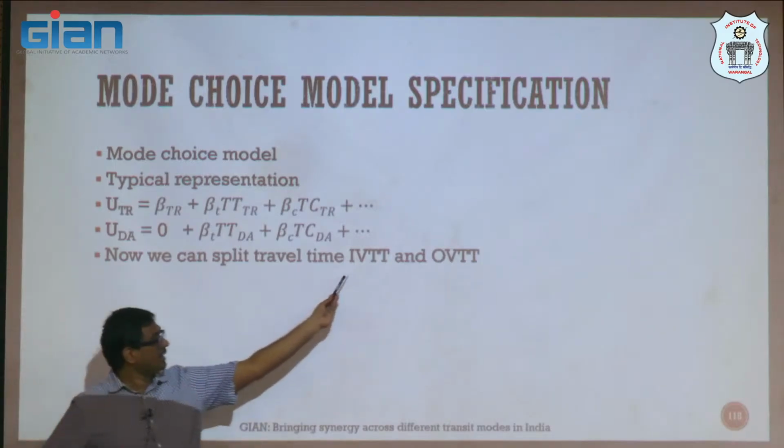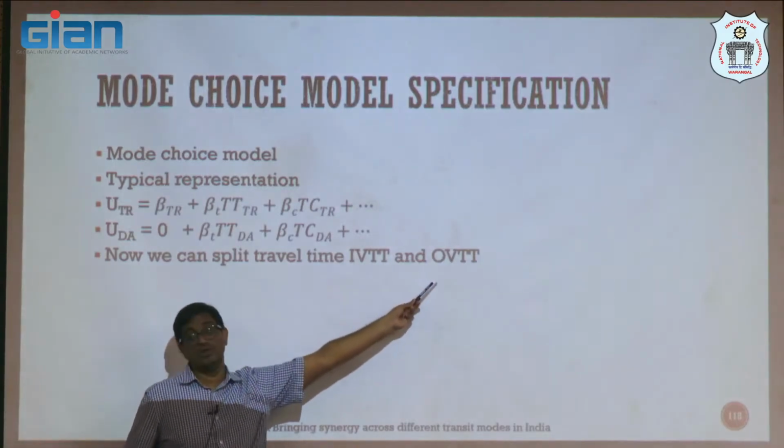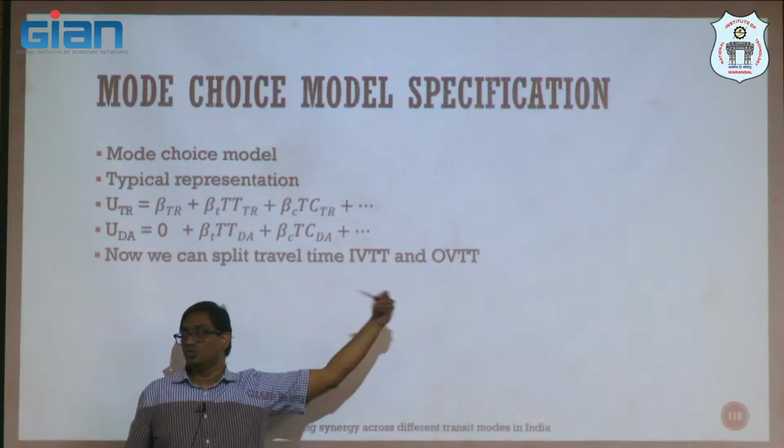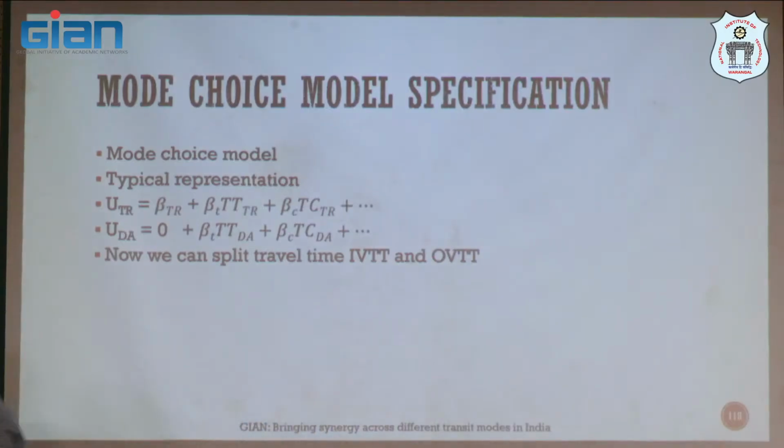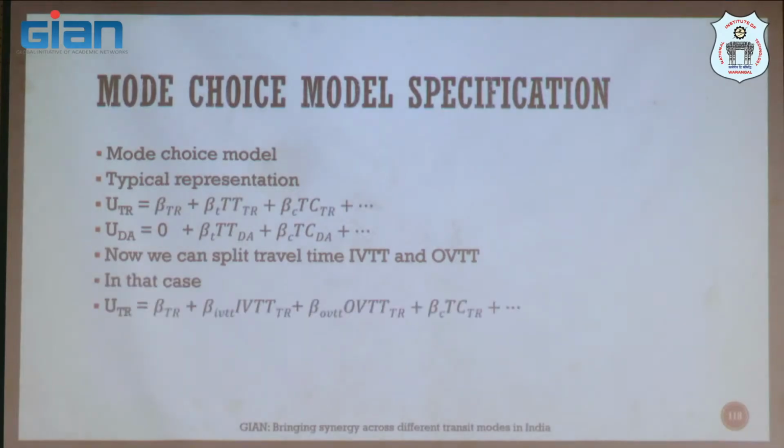So beta 1, beta 2, beta 3, and beta 2 should be more negative. Okay, we can check that. So that's something where travel time is split into multiple components. With transit, you can classify walking travel even further, and you can have a separate coefficient for each.